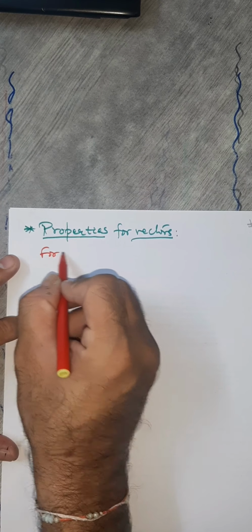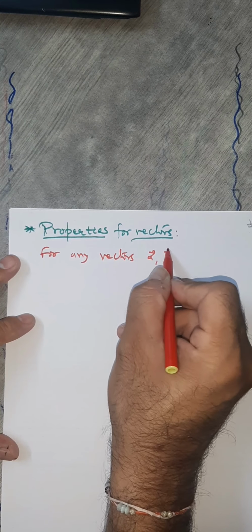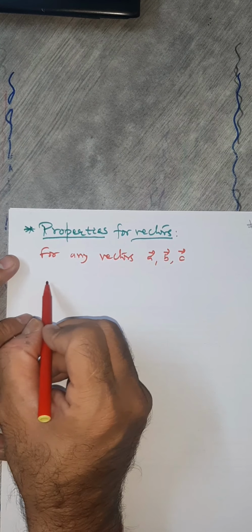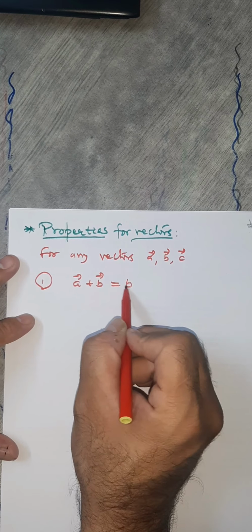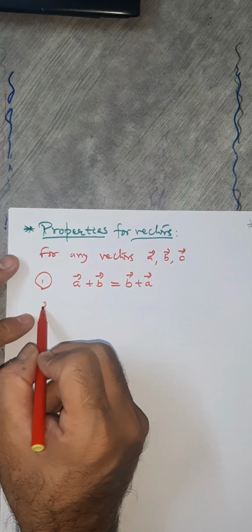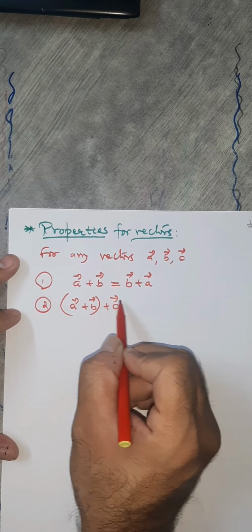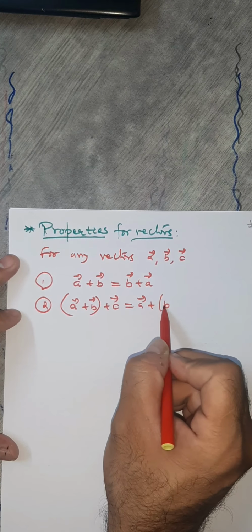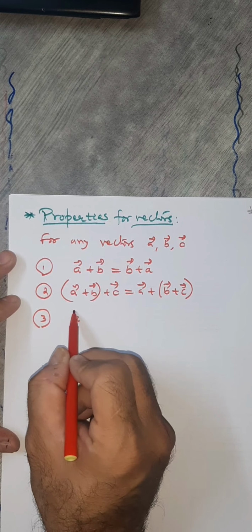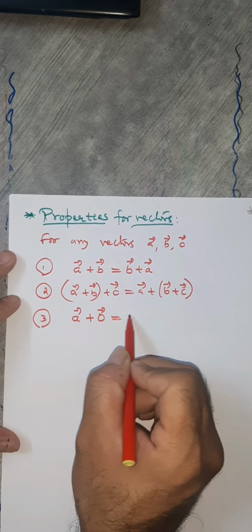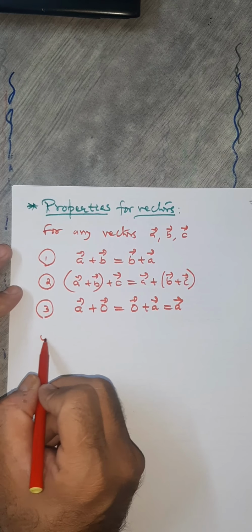So for any vectors A, B and C, let's write for 3 vectors. The first one, that's commutative property. This is always same as this, remember, this is always true. Second one, associative property. For 3 vectors, this is always true, remember. Just for your information I'm noting this. One more, that is vector A plus null vector equals to null vector plus vector A equals to always the given vector. This is again true.